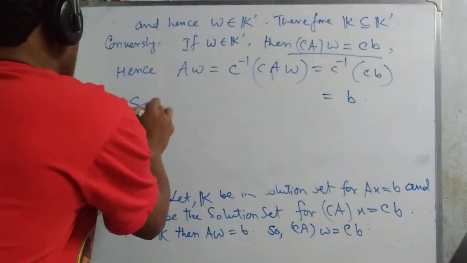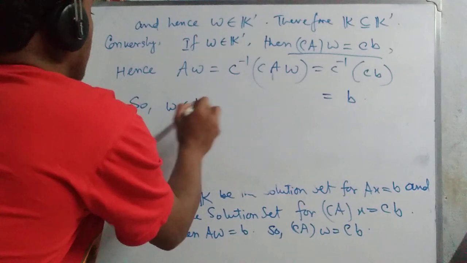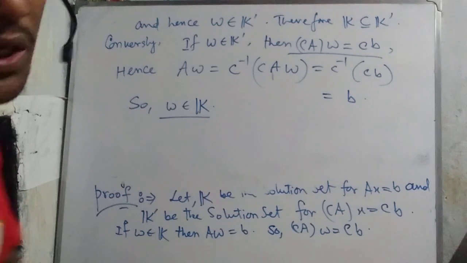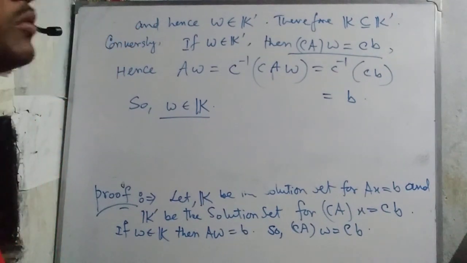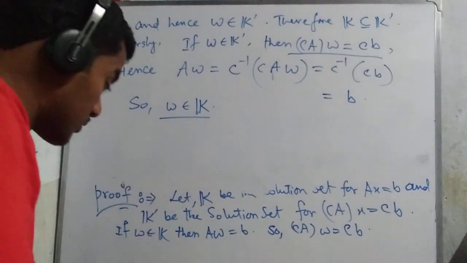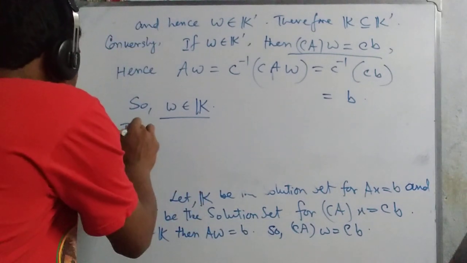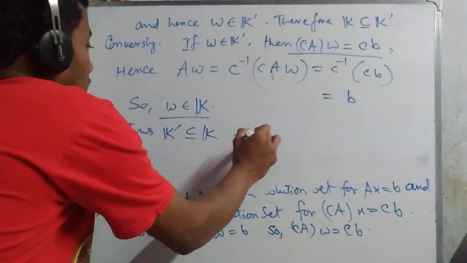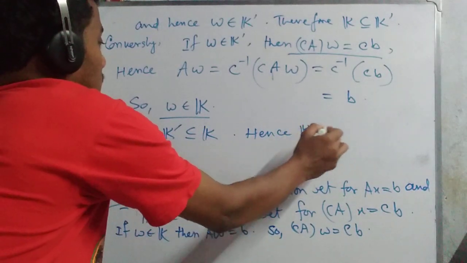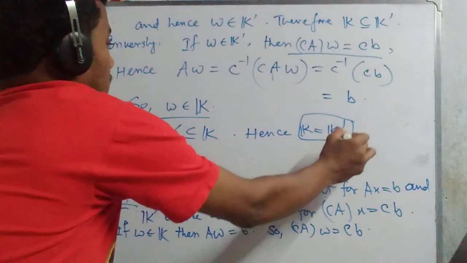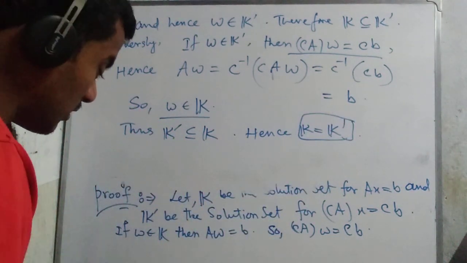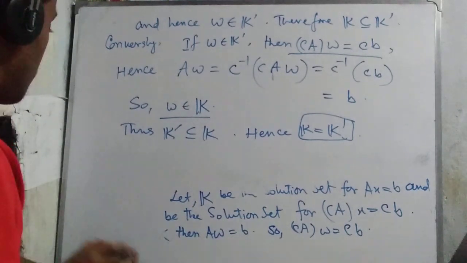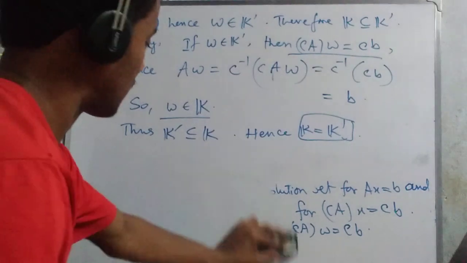So W belongs to K. That means CAW equal to CB implies that AW equal to B. Thus K dash is a subset of K, and hence K equal to K dash. Understood? Not a problem at all. Now we erase that portion and go to further discussion.